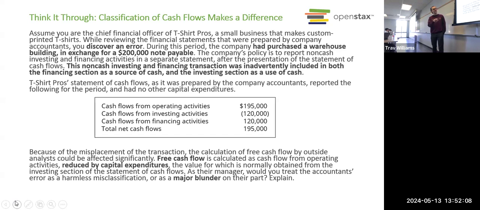Because our free cash flow starts with our operating activities. It's reduced by capital expenditures. But remember, we didn't actually pay $200,000 in cash for the building. That means it throws off our free cash flow calculation if we have wrong numbers that we're working with.